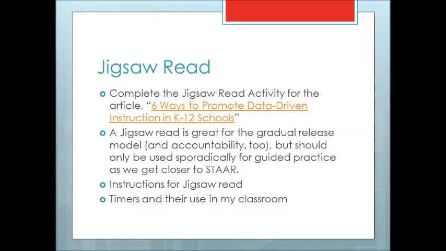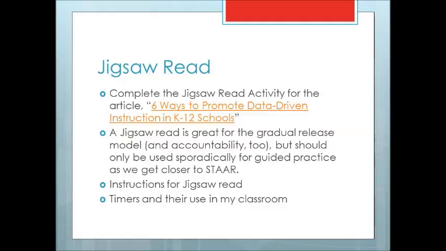Using the jigsaw read, you will assign 1 quadrant to each student in a group of 4. That student will become the master of that particular quadrant. You will give them a set time to read their quadrant. During this time, you would set expectations for annotations or note-taking that the students will need to be doing while they are reading their quadrant.